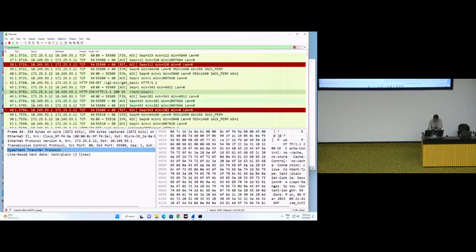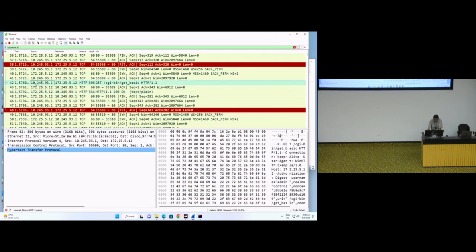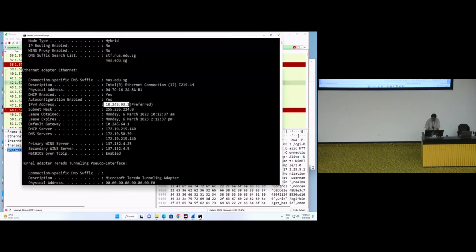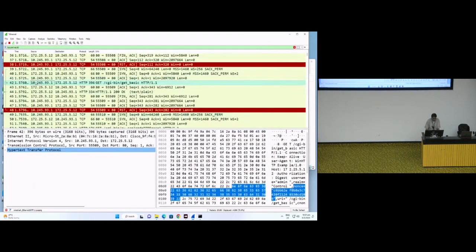Come here, you see this packet is get, or there's a request here from 10.245.93.1. So that's a request from my computer to this. Did I get that right? Let me see. 10.245.93.1.